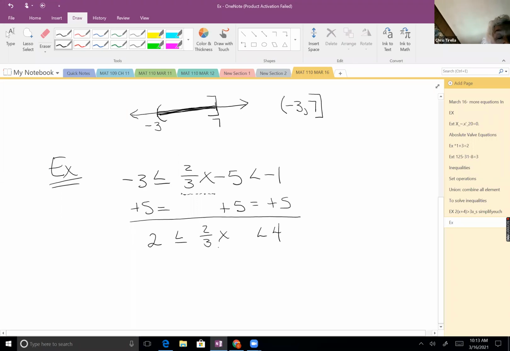Now, in order to get the variable alone in the middle, remember, if we have a fractional coefficient, we want to multiply by the reciprocal. So I'm going to multiply by 3/2 because it's positive. My inequalities stay the same. And again, whatever I do to one part of the inequality, I have to do to all three parts.